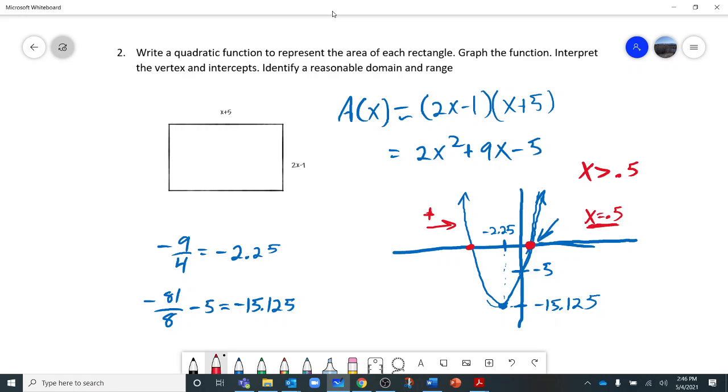And then for range, yes, we can go all the way down to negative 15.125, but really our range has to be, it doesn't make sense to have a negative area, and since our range represents our area, it should be greater than 0. That's what makes sense. So there's your reasonable domain and range. And this video is too long.